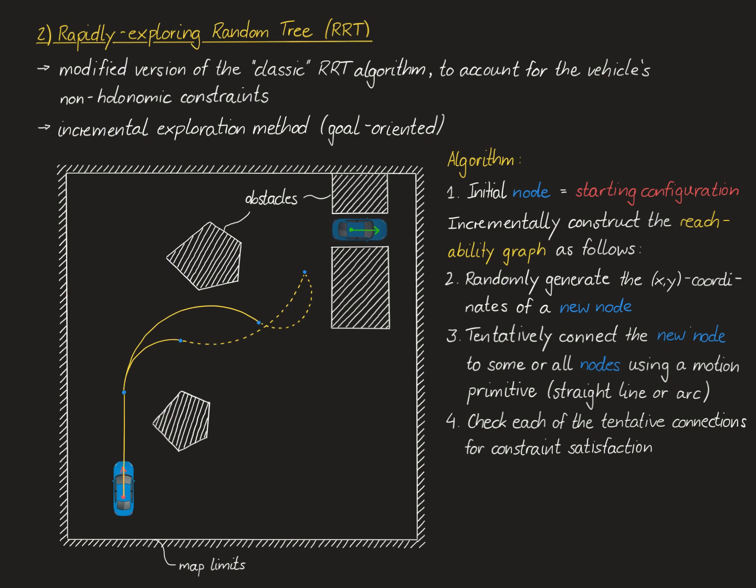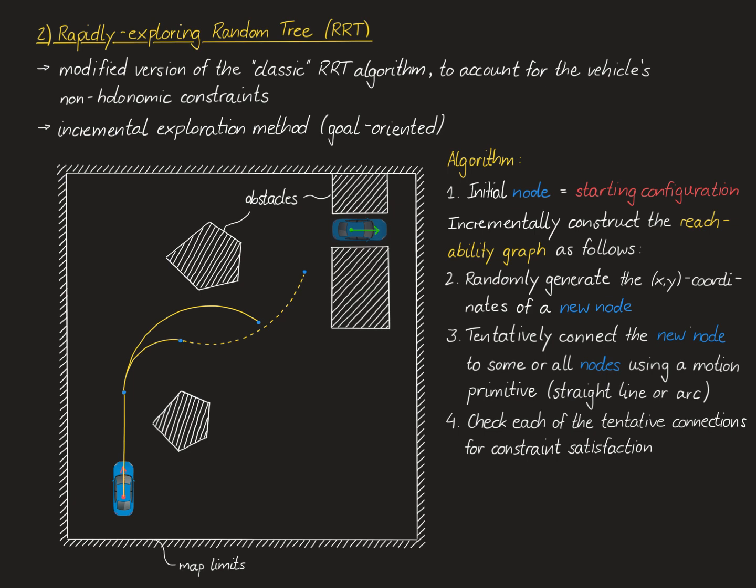And then we have this arc here, whose radius may be smaller than the minimum turning radius of the vehicle. So in this case, this connection would be removed because of the kinematic constraints of the vehicle. Clearly, for step 4, we need functions that automatically check for constraint satisfaction of a motion primitive. In particular, we need a function for collision checking.